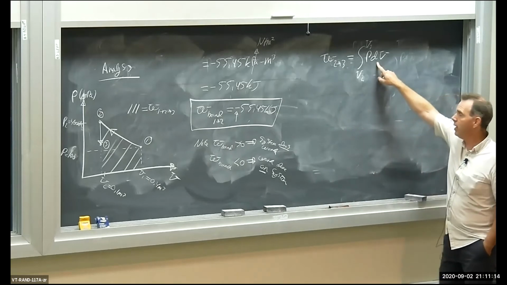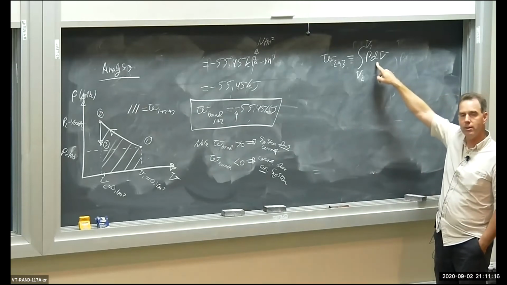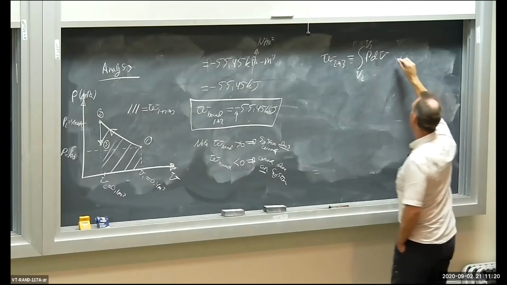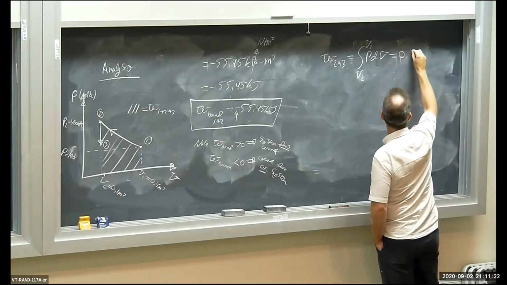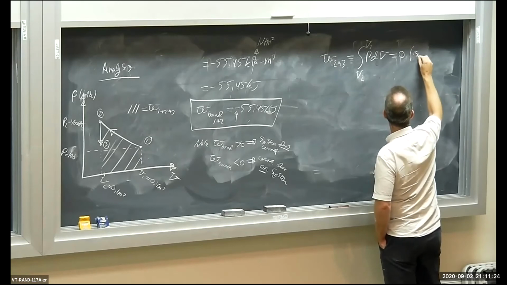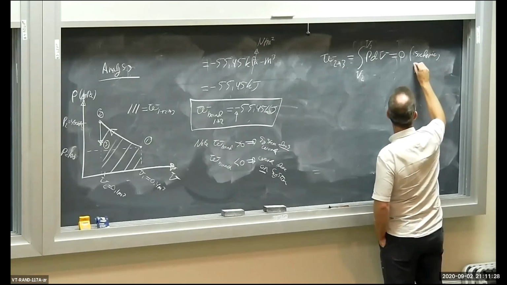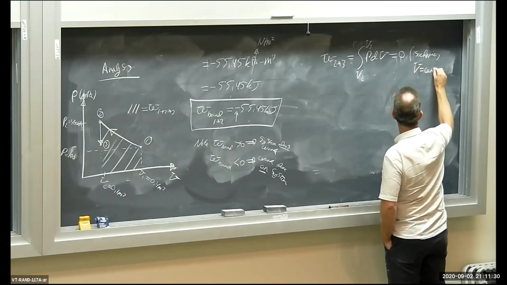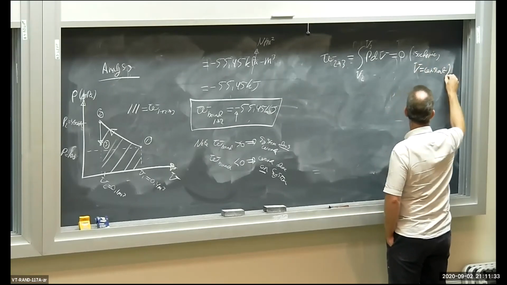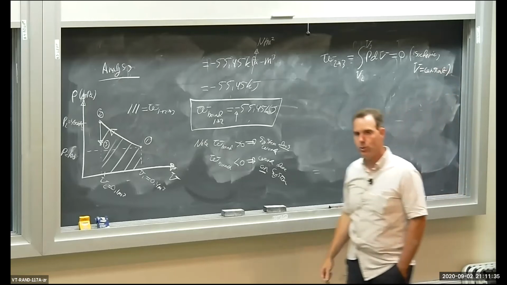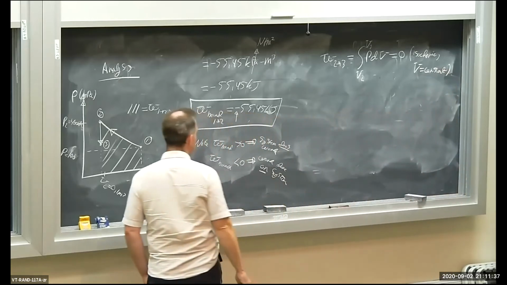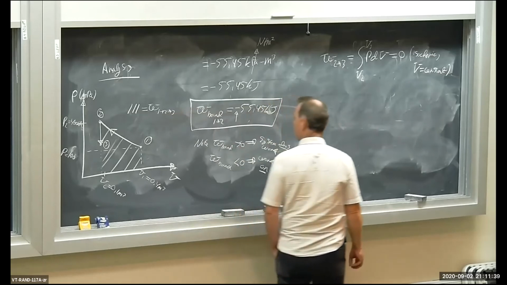If volume doesn't change, then there's no area under the curve, and this integral is 0. Why? Because it is isochoric. In other words, volume is constant. No work from state 2 to state 3.